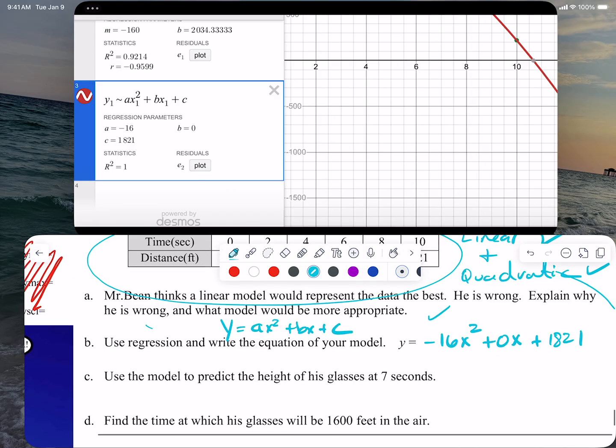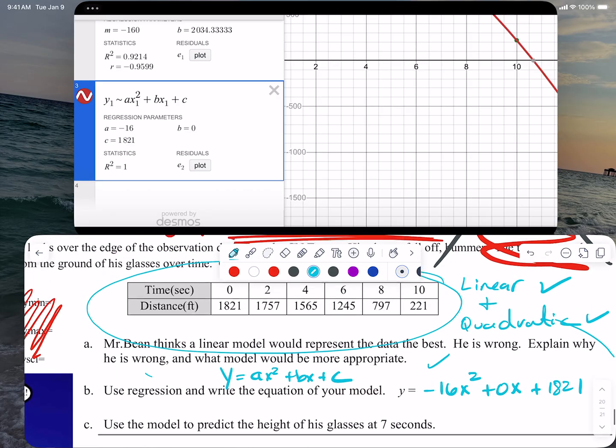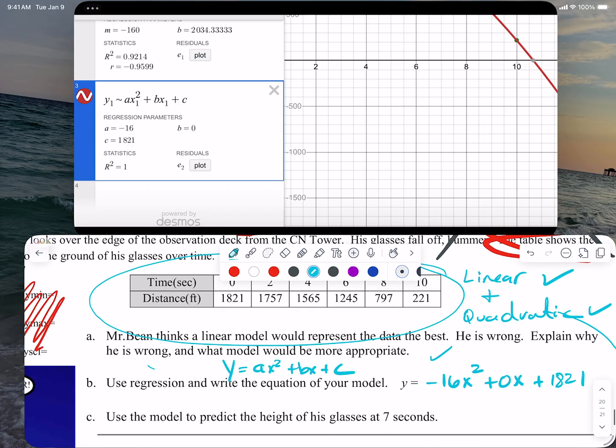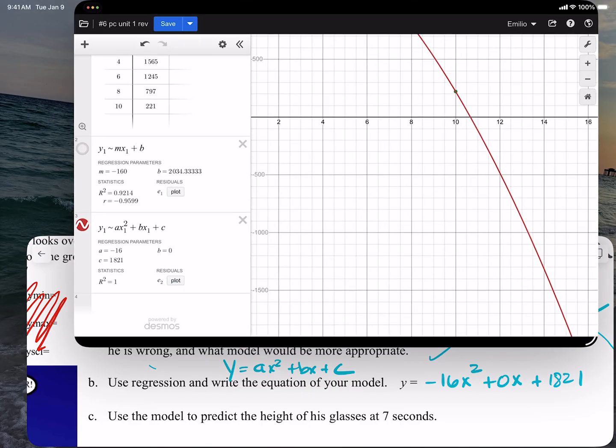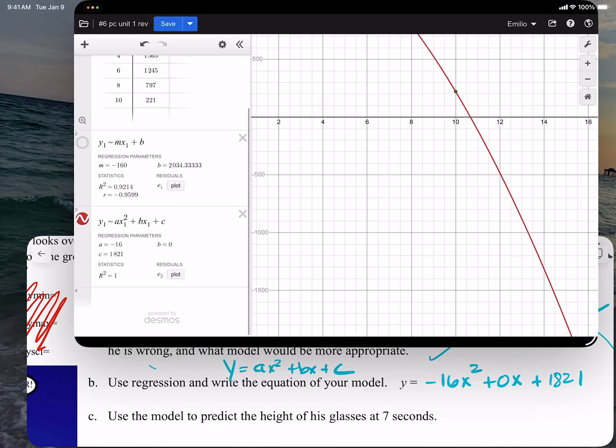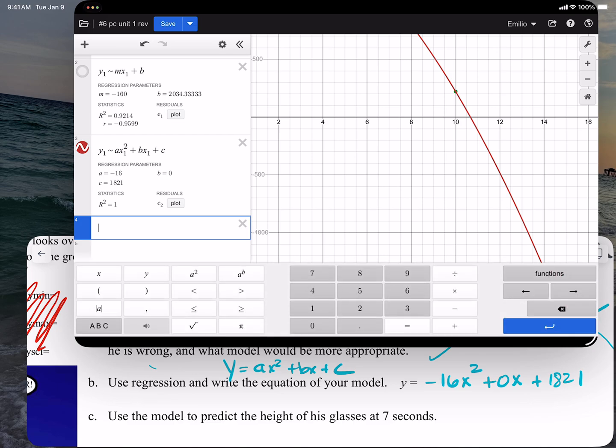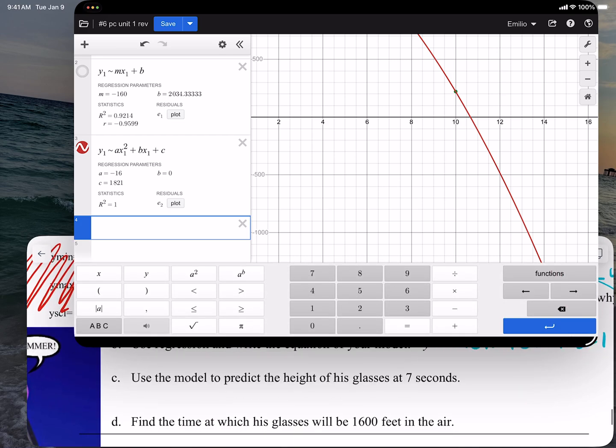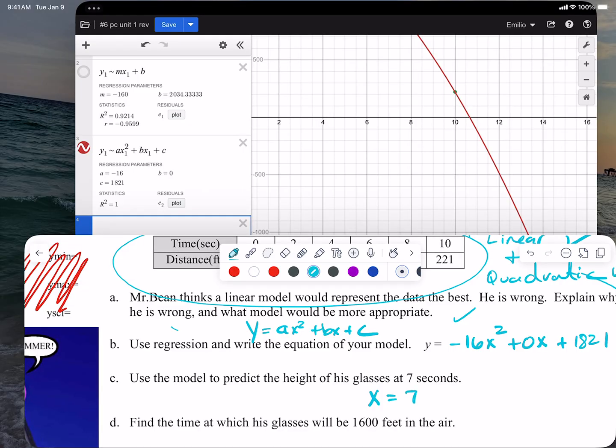Use the model to predict the height of his glasses at 7 seconds. That's your x. You can do one of two things. Because time is x, we can just graph x equals 7.